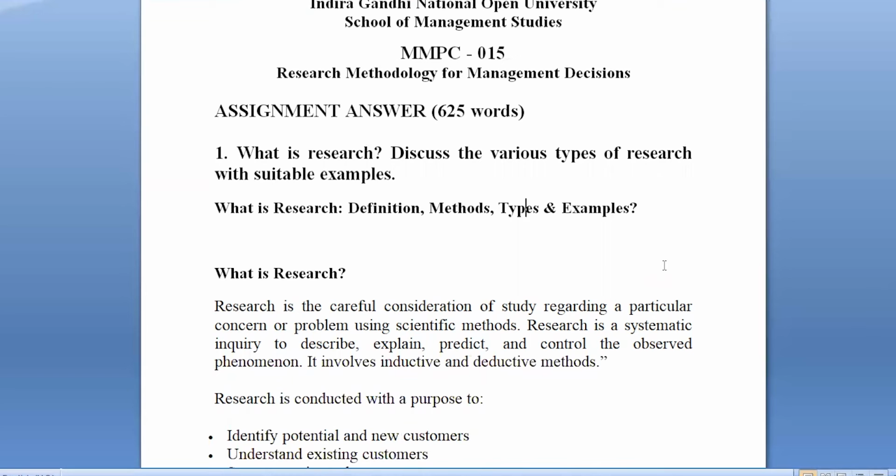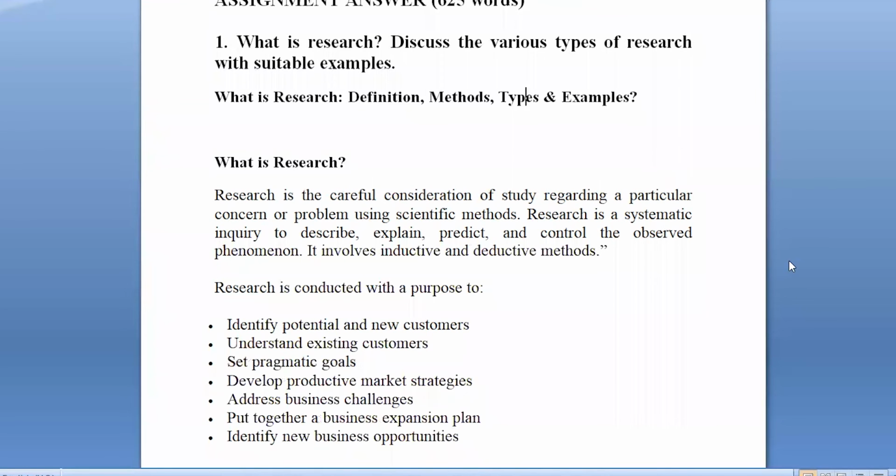Research is a systematic inquiry to describe, explain, predict, and control the observed phenomena. It involves inductive and deductive methods.